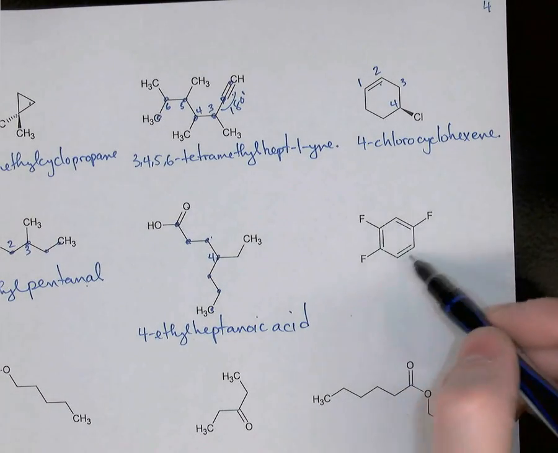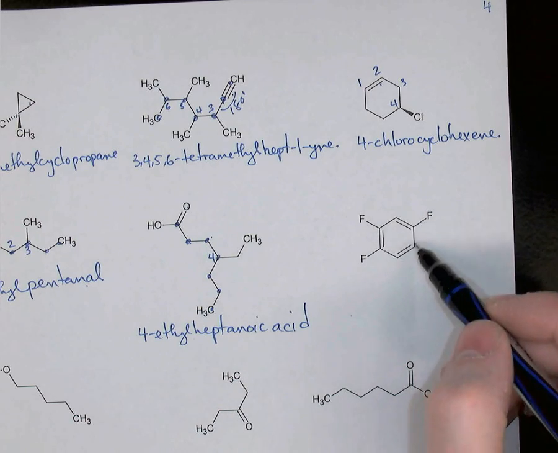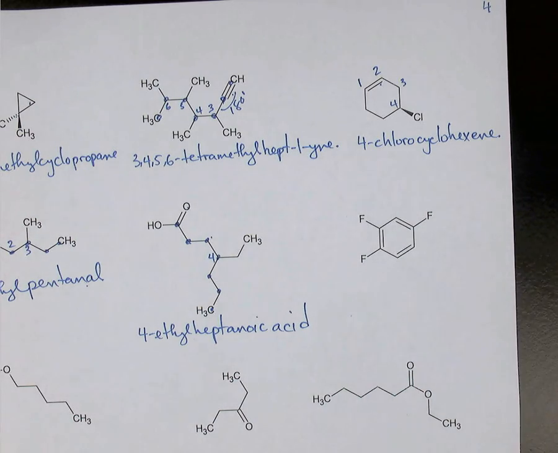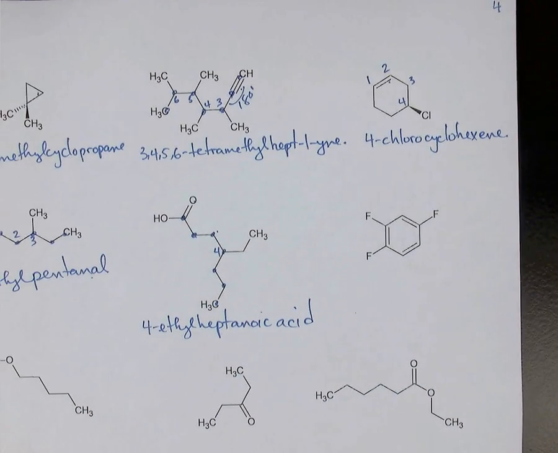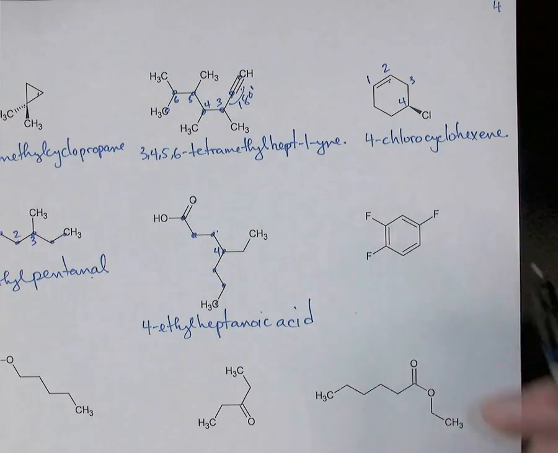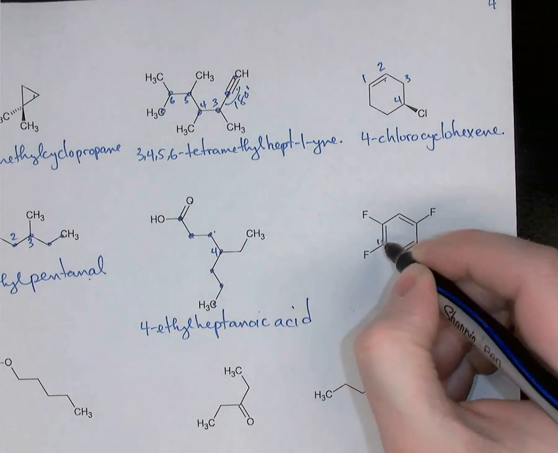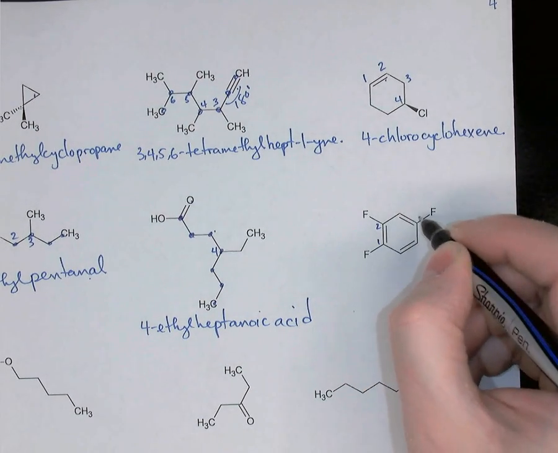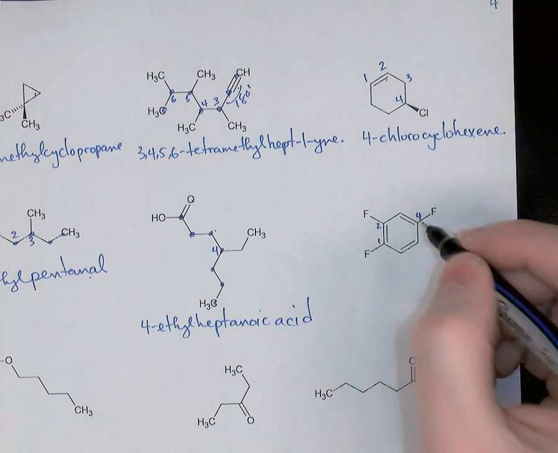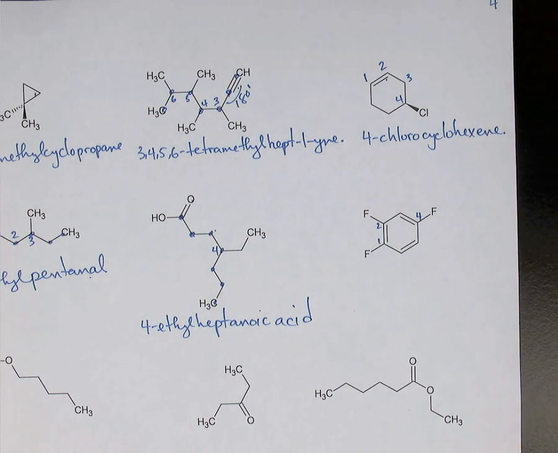Next we see a benzene ring again, that 6-carbon ring with alternating single and double bonds. So this is an aromatic hydrocarbon. It's got 3 branches, 3 fluorines on carbons 1, 2, and 4. There are no prefixes for this, like ortho, meta, para.